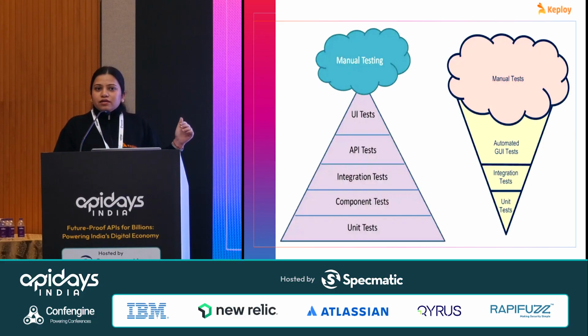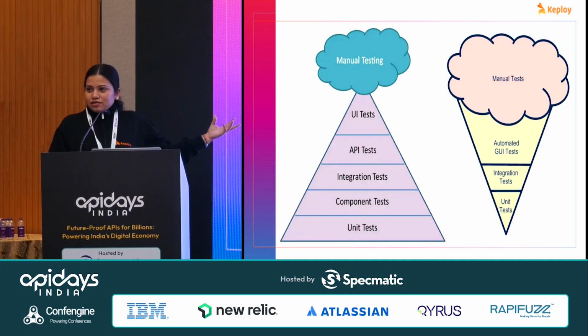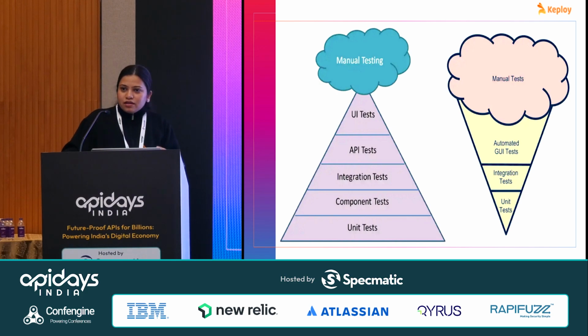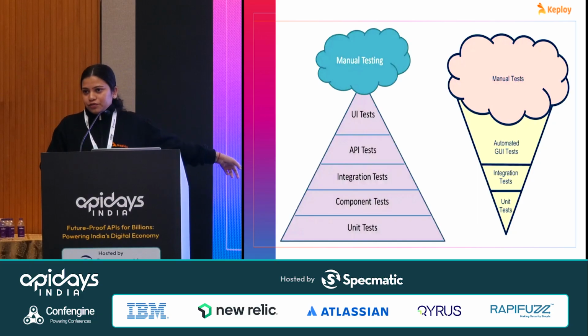And what happened, the executives and the management asked testing teams or the QA teams to focus on the API test or the business level test, and there was a lot of pressure because there was no unit testing done at all, although we are trying to follow the pyramid structure.